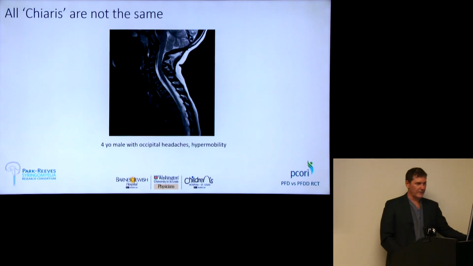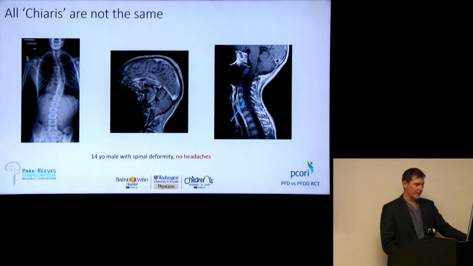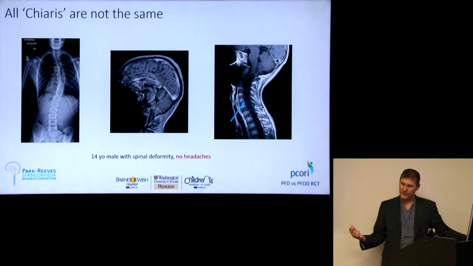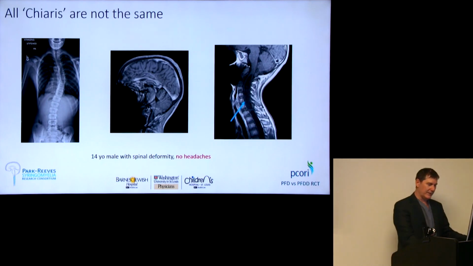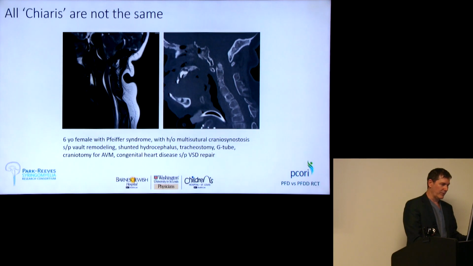So there are differences in what we call Chiari malformation, and that's what I'm hoping to convince you of. And here's another example of this. This is a 14-year-old male with no headaches who presented with spinal deformity. We already talked about this a little bit.